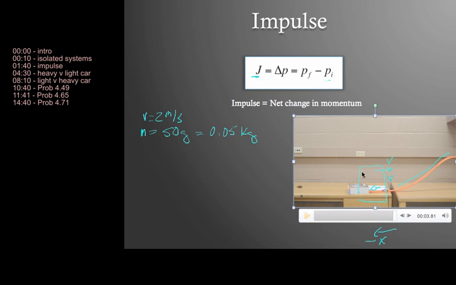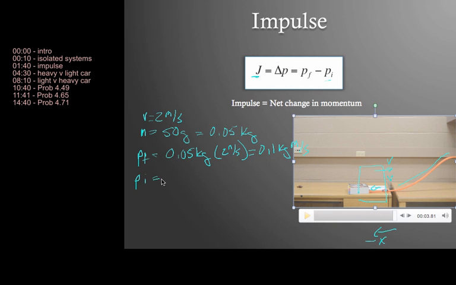And then after the collision, it's moving to the right. So P final is going to be m, which is 0.05 kg, times this, it's going to the right, 2 meters per second. And so we're going to get 0.1 kilogram meter per second.